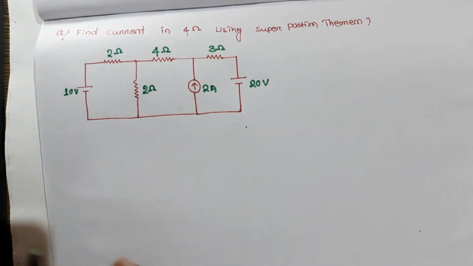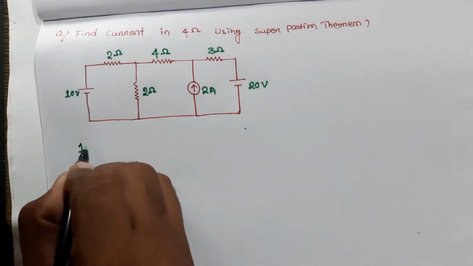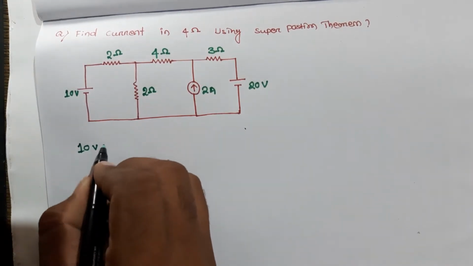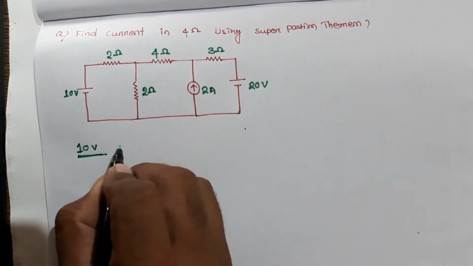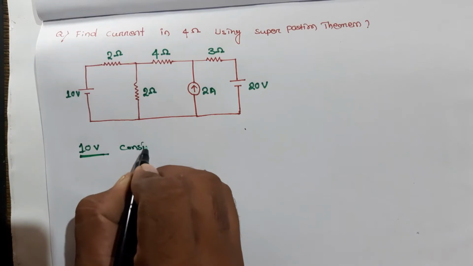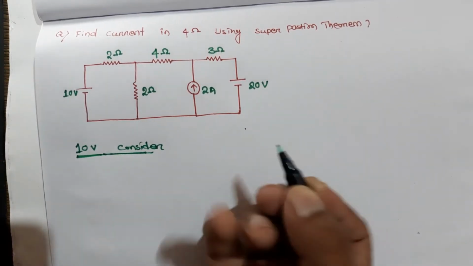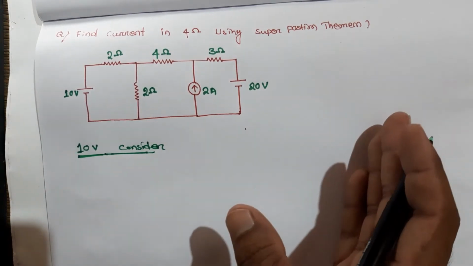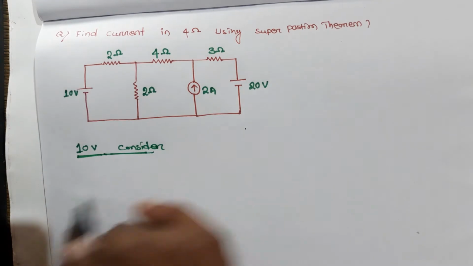First we are going to consider this 10 volt. So the other sources are deactivated. Here one current source and one voltage source are deactivated.